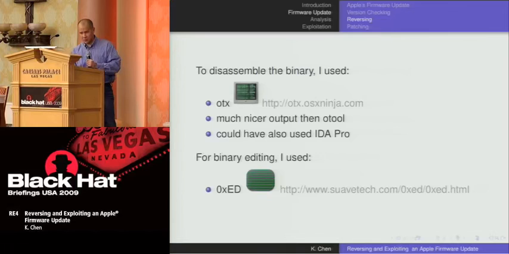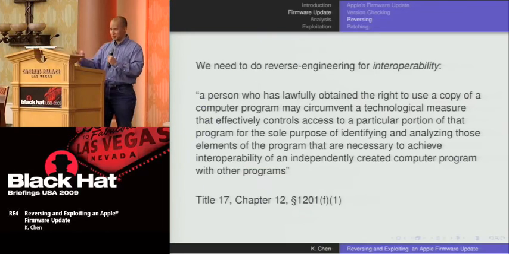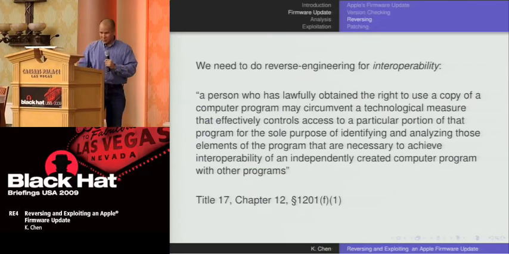Before we get started, I want to say something about the legal situation we have here. From the DMCA, I'm just going to read right from the law. It says a person who has lawfully obtained the right to use a copy of a computer program may circumvent a technological measure that effectively controls access to a particular portion of that program for the sole purpose of identifying and analyzing those elements of the program that are necessary to achieve interoperability of an independently created program with other programs.